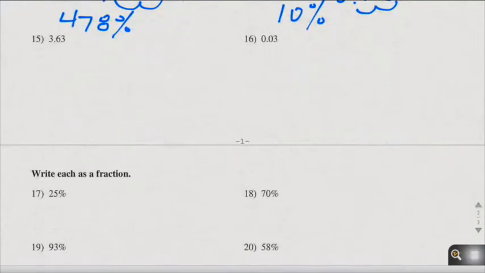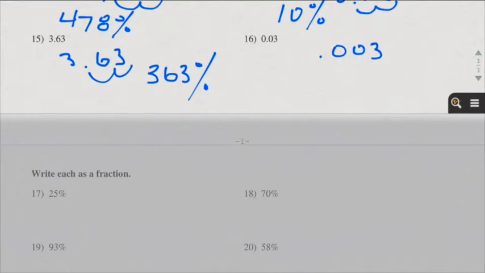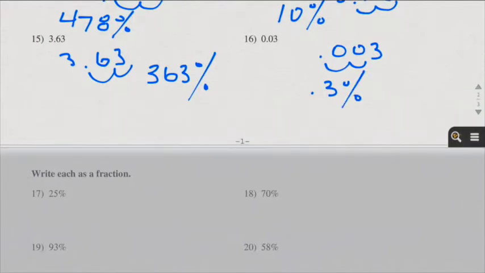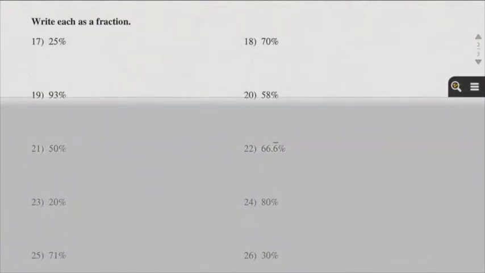Okay, number 15, 3.63, move the decimal over 1, 2, we end up getting 363%. All right, final one, number 16, 0.003, move the decimal 1, 2, we end up getting 0.3%.